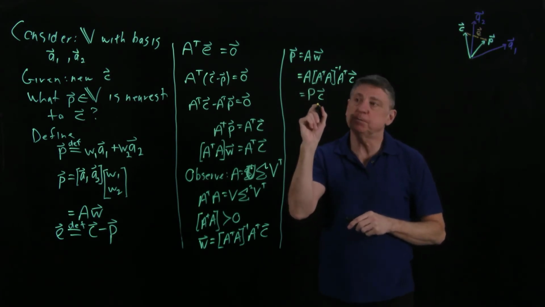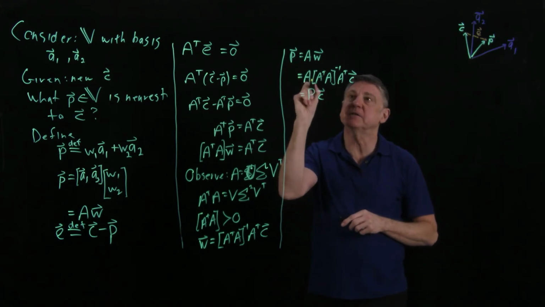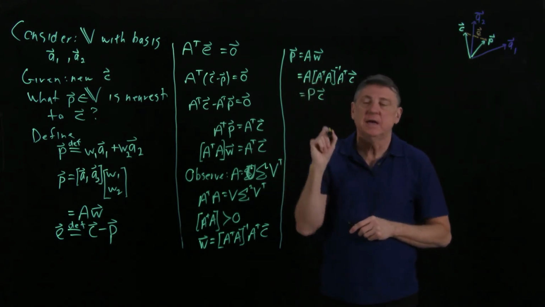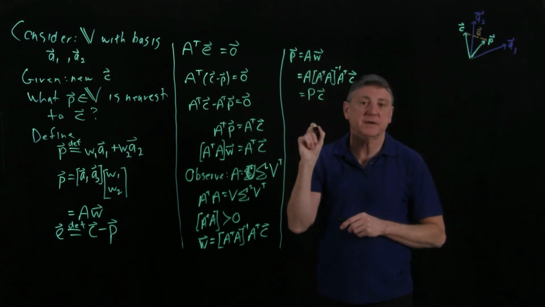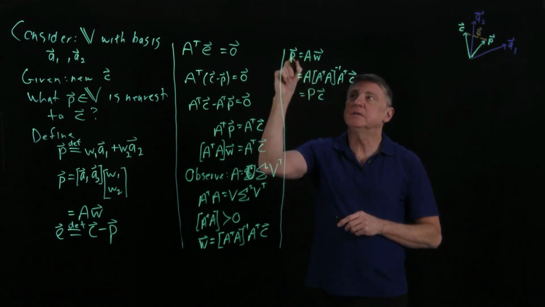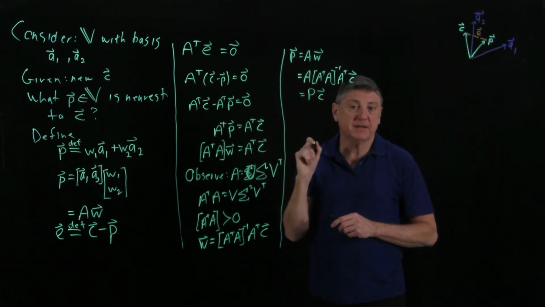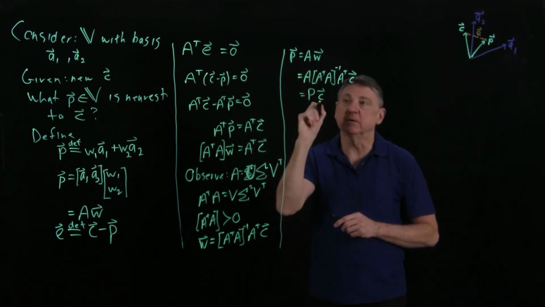Let's observe that this projection matrix, the matrix itself depends only on the matrix A. That is, it depends only on the basis vectors. And we can just pump any unknown vector c into it, and we can determine what vector p in the vector space is nearest to c.